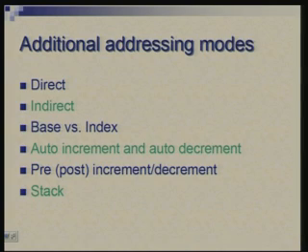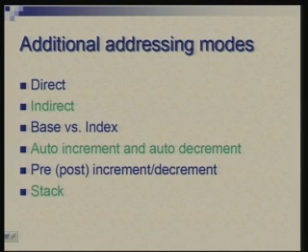What it means is that every time you make an access, it is understood that the address has to be made ready for the next access, either by incrementing or decrementing depending upon which way you are moving. With this, there comes a variation of whether it is a pre decrement or post decrement or pre increment or post increment. That means whether you do incrementing or decrementing before making a memory access or after making a memory access. So, that variation also has to be catered for, and many architectures provide for that.